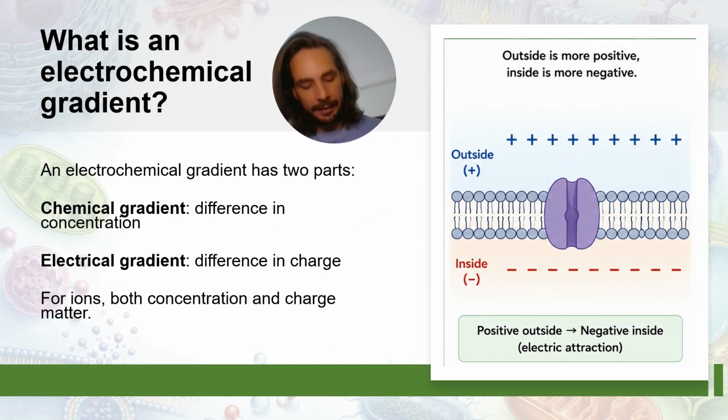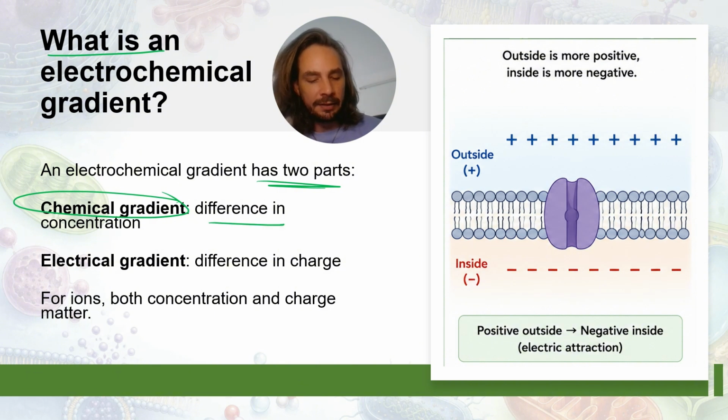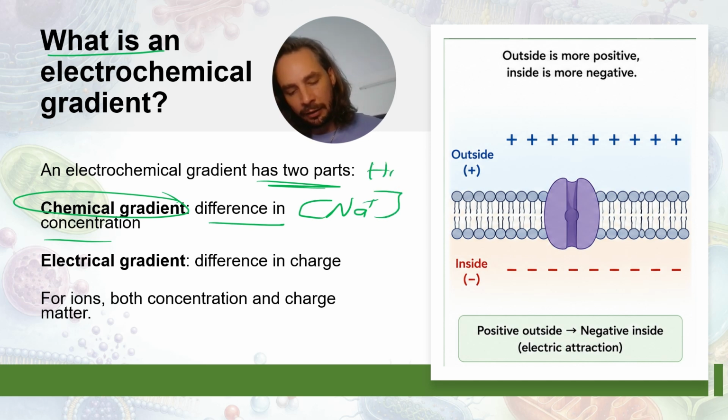So what is an electrochemical gradient? It has 2 parts. It has a chemical gradient, which is a difference in concentration. So this is the sodium ions. They would be at a high concentration on the outside. This is the membrane. And the concentration of the sodium inside would be low.